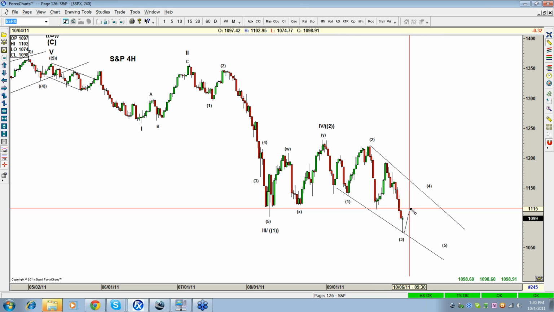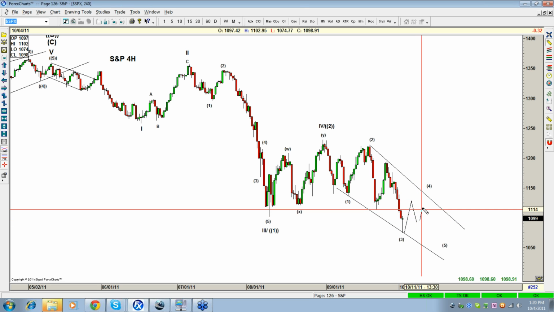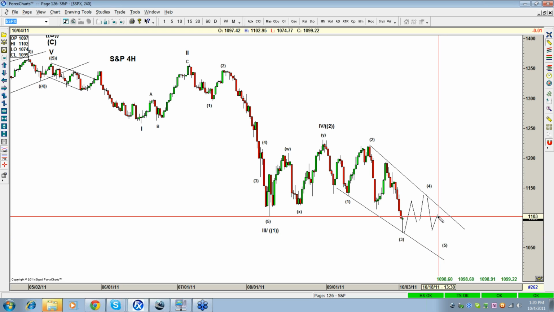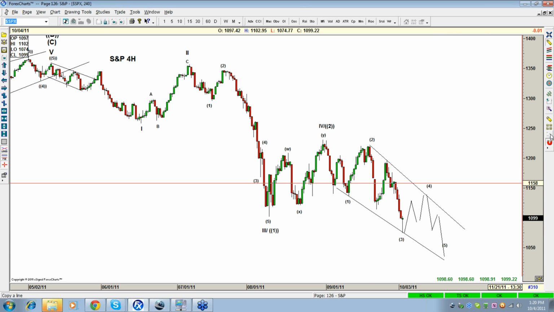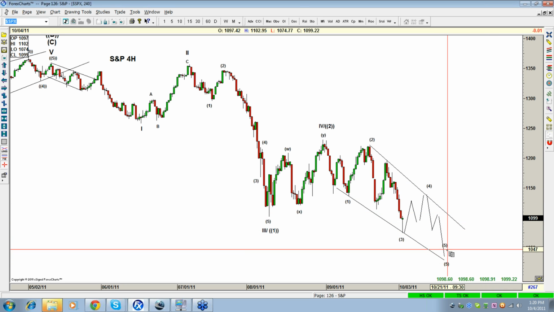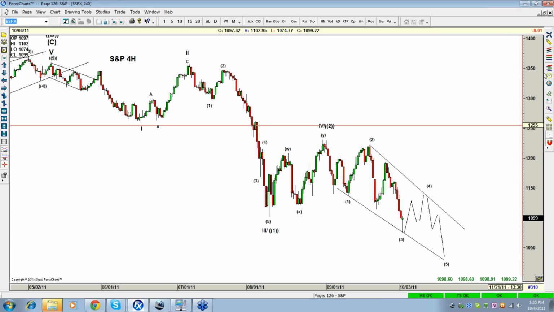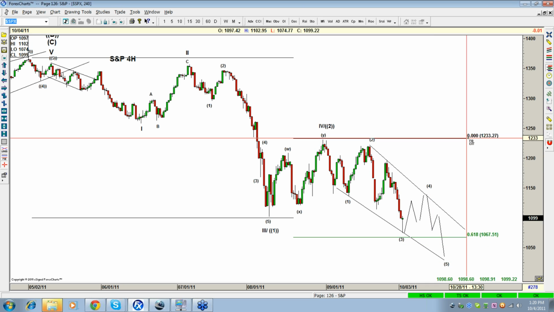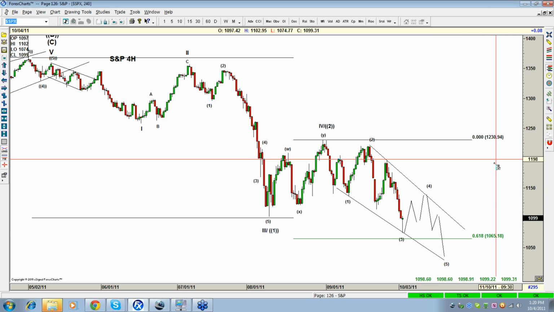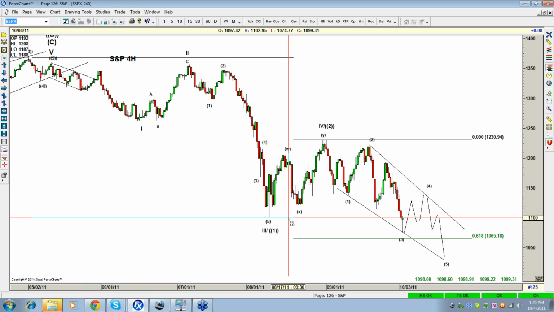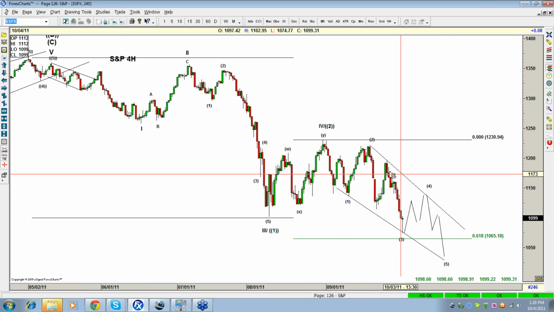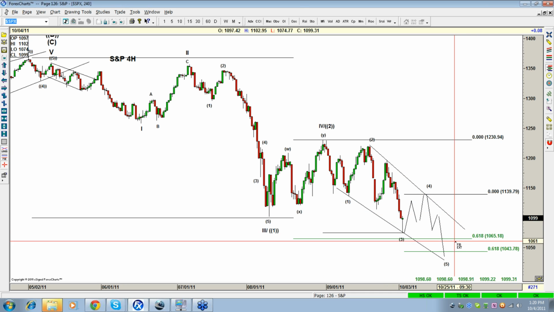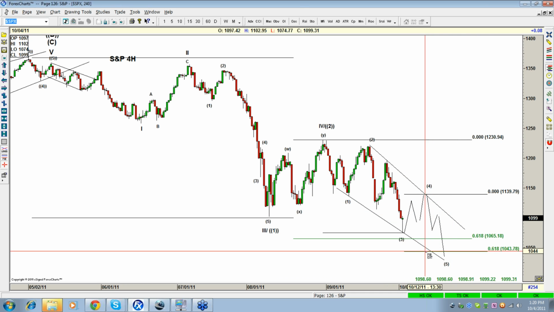And then what you're going to get, A, B, C, then 1, 2, 3 to 1040 area, and then still at 1065 you mentioned 1-3 here. Then if you go 1-3 here, let's say it goes here, 1040, 1060 area should find support.